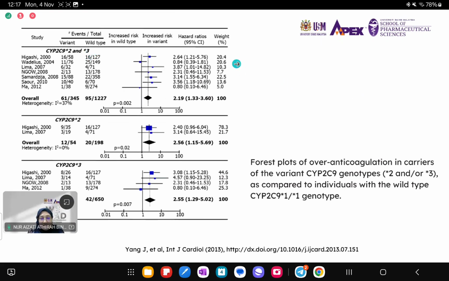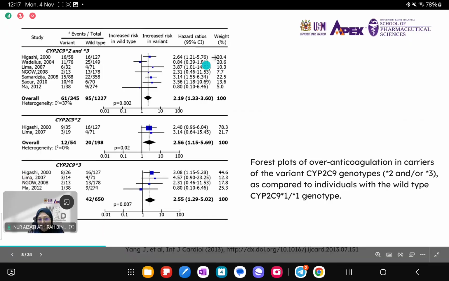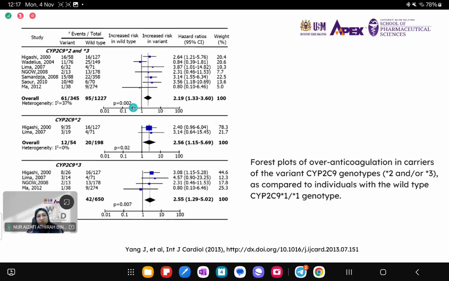This is the forest plot from the meta-analysis, in which, if you can see here, if the patient is a CYP2C9 *2 and *3 poor metabolizer, you see the black diamond shifts to the right. You see here the overall hazard ratio, 2.19.